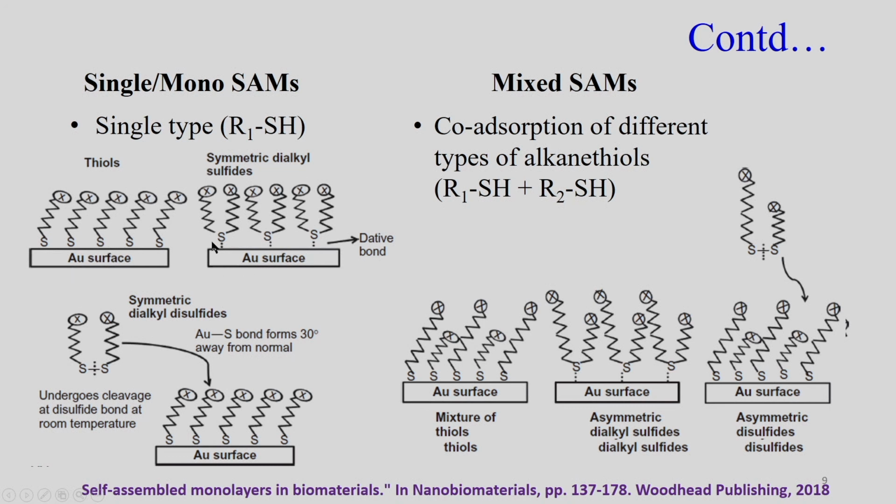Now, on the gold surface as we discussed, you can use thiols, we can also use dialkyl disulfides. So, basically the S bond is there between the surface and the modifying agent, and here is the X group and this is the surface.